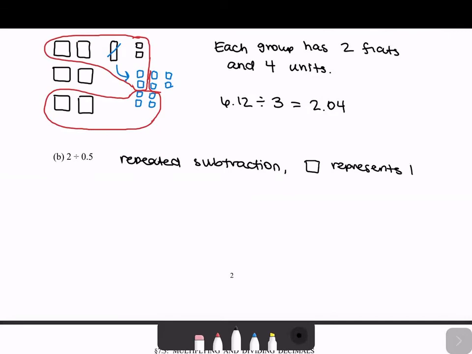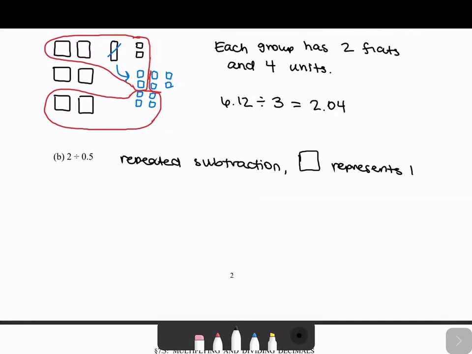And I will say, whenever you're filling out anything written, like on an exam, please make sure that your flat is significantly bigger than your units. They're both little squares, so make sure that your units and your flats have a sufficient difference in size in order to tell them apart. Okay, so we have that this flat represents 1.